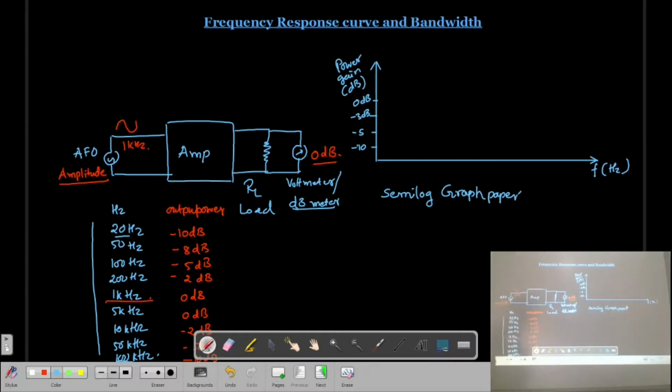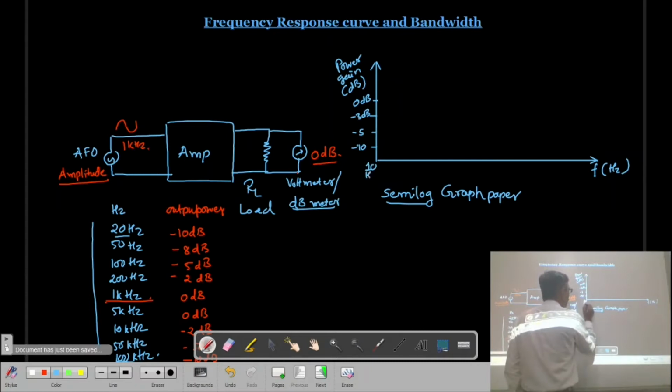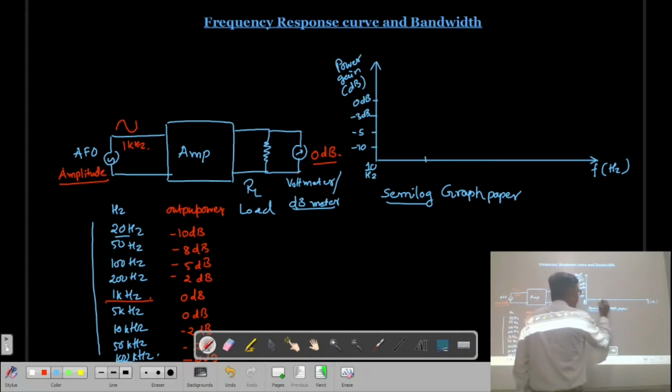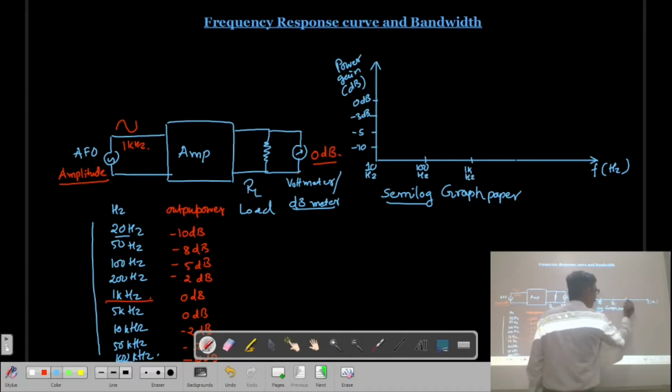So in semi-log, what do we have? On the y-axis, whatever the scale will be, it will be linear. But on the x-axis, whatever the scale will be, it will be a log scale. And in a log scale, suppose we have a minimum of 100 Hz, then the next cycle will start with 1 kHz.